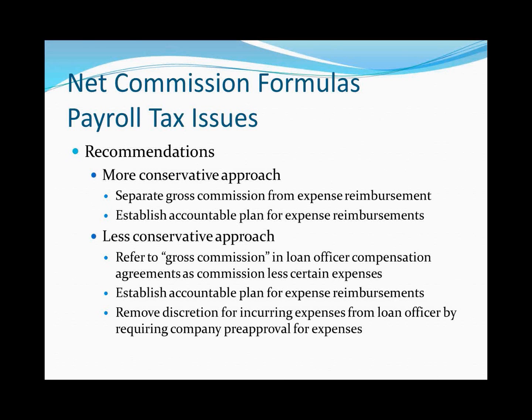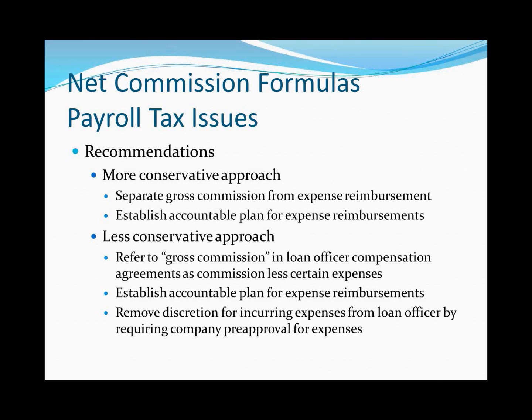The more conservative approach is to go to a more traditional commission formula, which would separate the gross commission from expense reimbursement, i.e. you wouldn't have any netting of expenses in the commission formula. So it would just be, loan officer gets a straight percentage commission or basis point commission or whatever. There's no netting of expenses incurred by the loan officer.